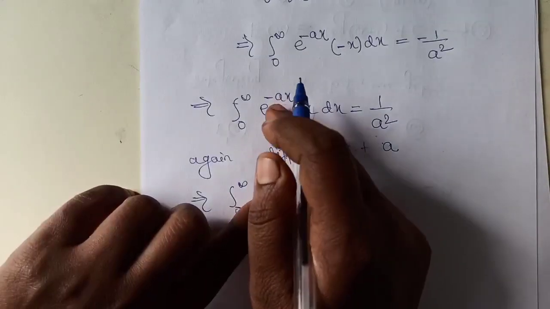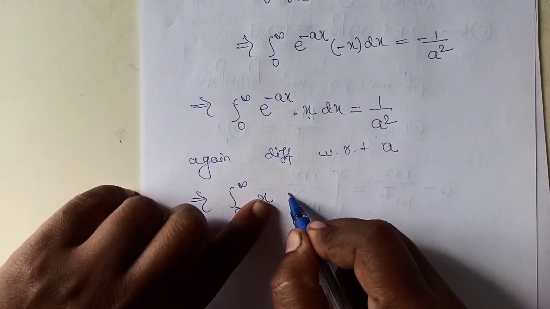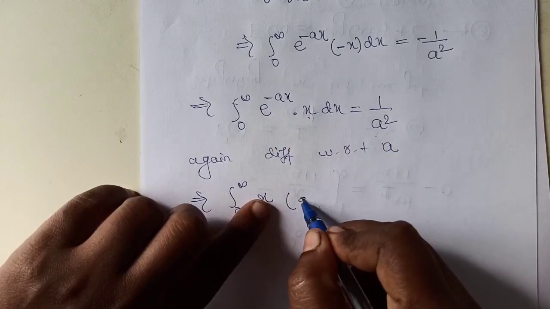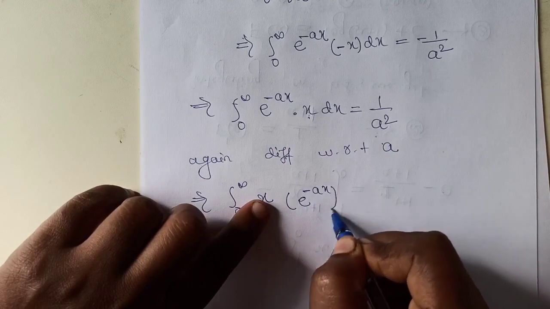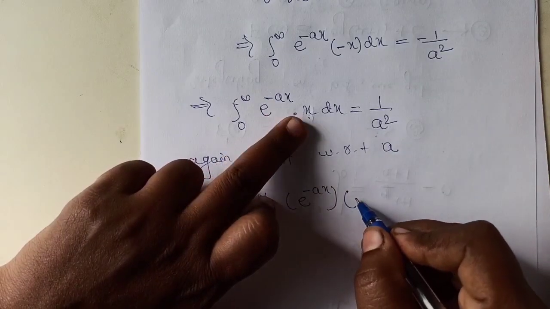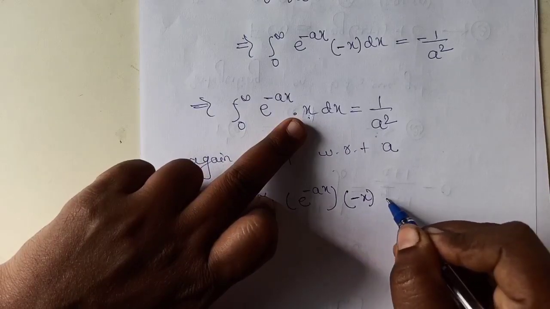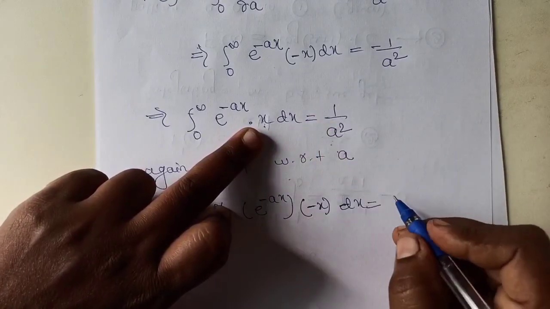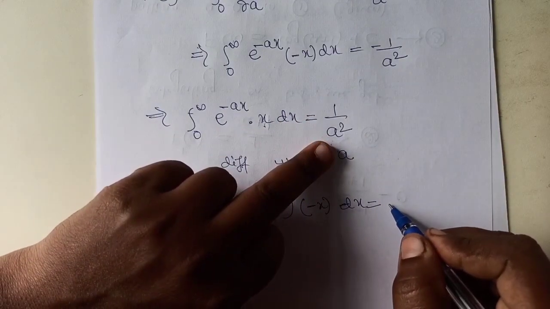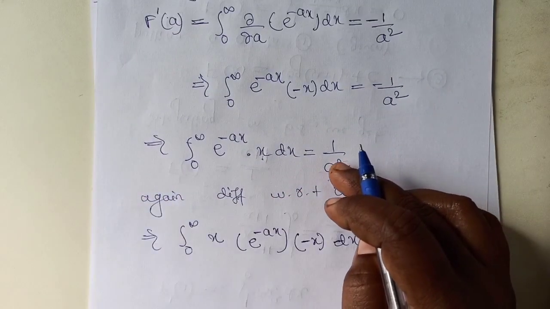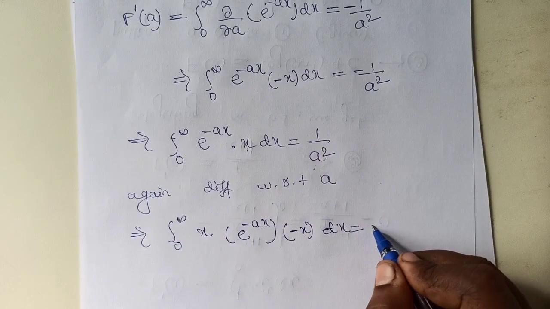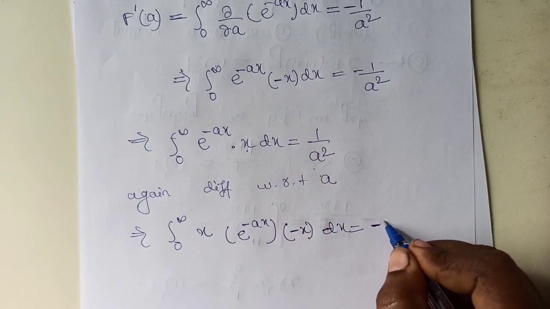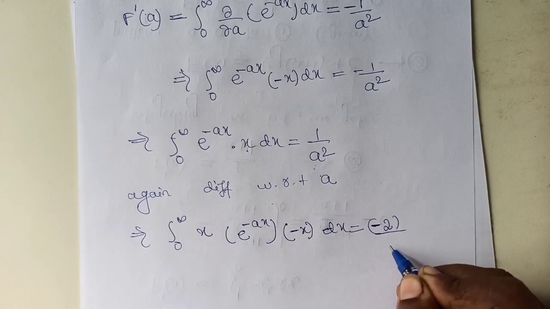Now partially differentiating, we get e raised to minus ax into minus x dx, equals differentiating 1 by a square, we get minus 2 divided by a cube.